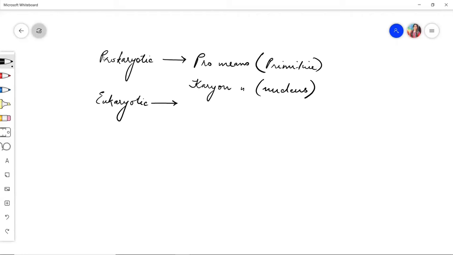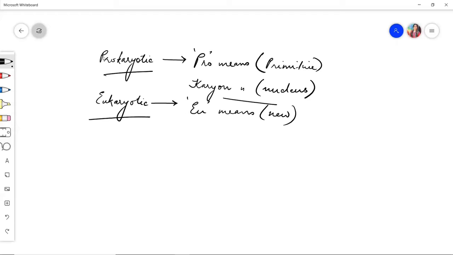Similarly, in case of eukaryotic, eu means new and karyon means nucleus. So we can say on the basis of presence or absence of organized nucleus, two types of cells have been recognized. They are prokaryotic cells and eukaryotic cells.